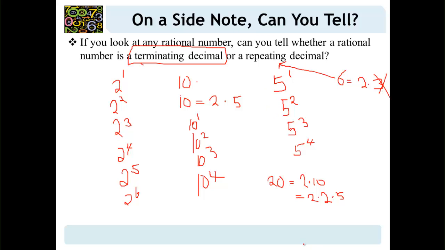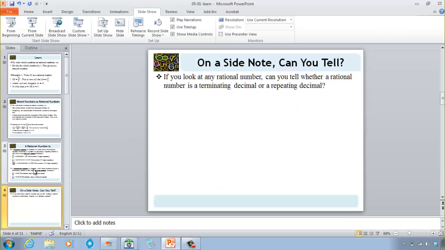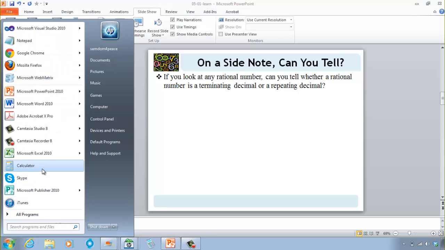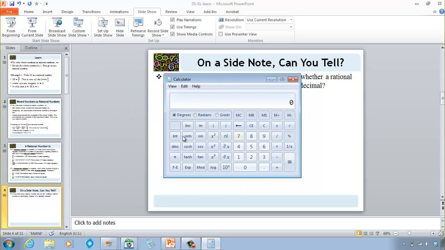Let's play with some numbers and we'll see whether we are right or wrong. So let's go to our calculator. I already put it in scientific.